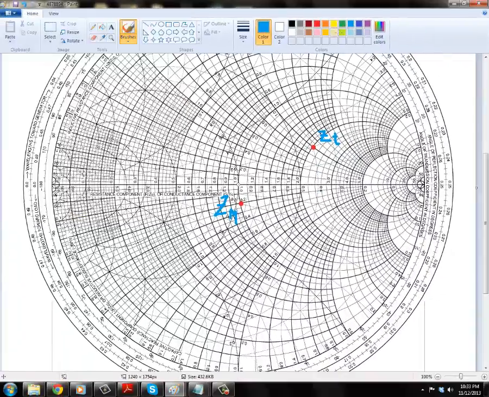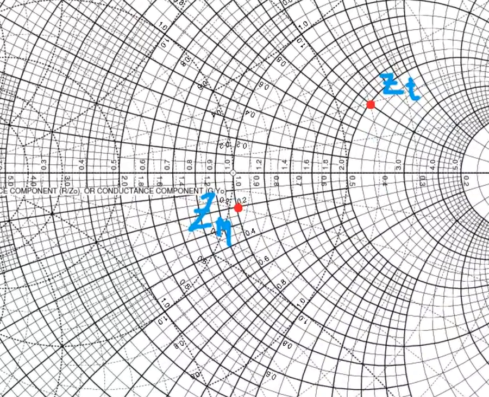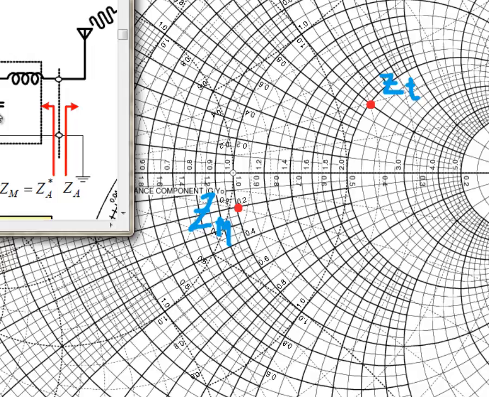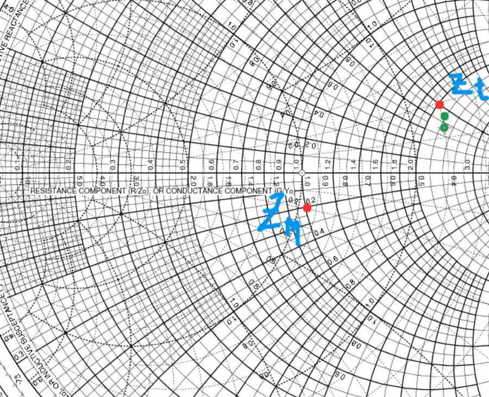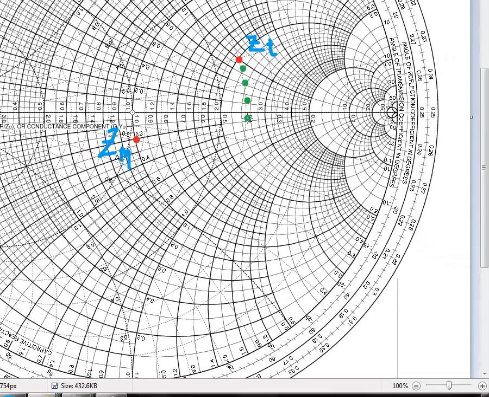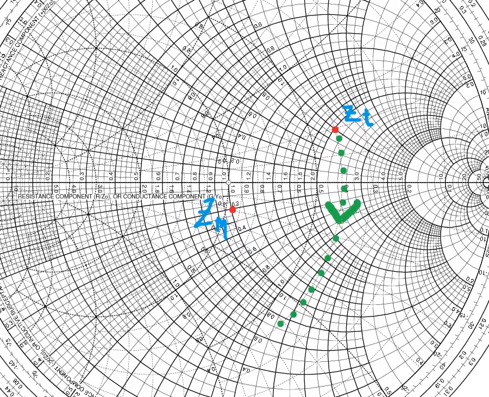I will mark that circle in dark green. So it's a capacitor which is in parallel. From that ZT point I will be moving on this circle, and I'm moving on the downward side because it is a capacitor connected in parallel. This will be my direction.